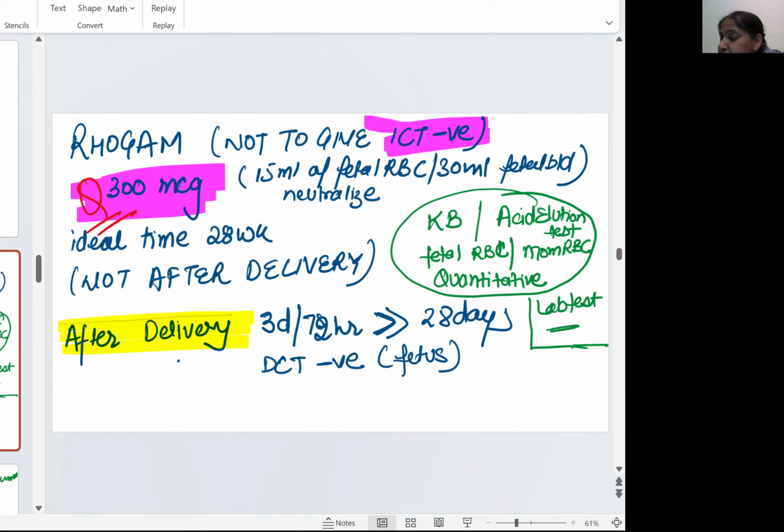The ideal time to give anti-D is after 28 weeks.